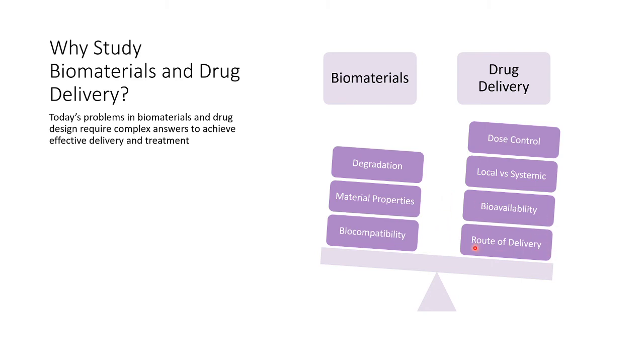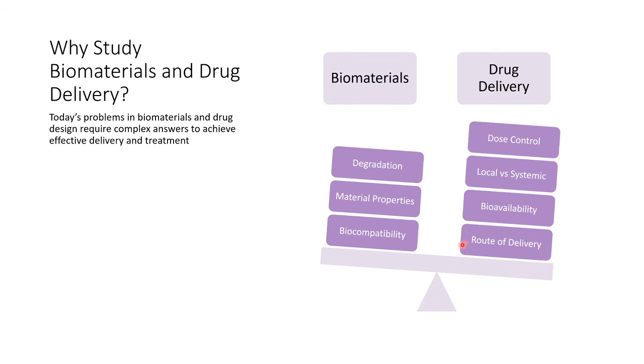And the route of delivery is also another issue where, depending on how you put it into the body, it can change bioavailability, whether it's local or systemic, or even the dose. So a very prominent example is insulin. Insulin is a protein that's used in diabetes for type 1 and type 2 because they're either not producing any insulin or not producing enough insulin to control that blood glucose level and have glucose entering into tissue.